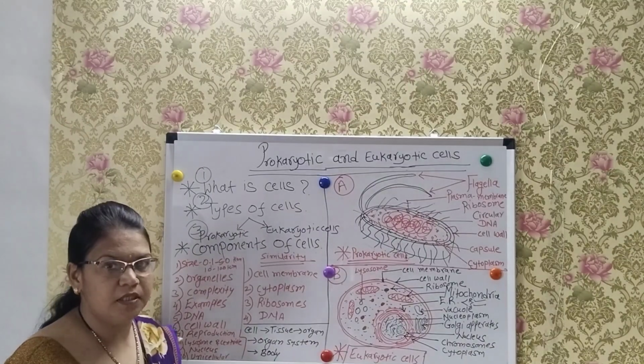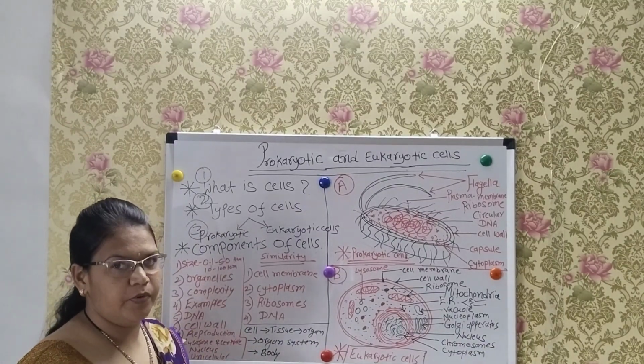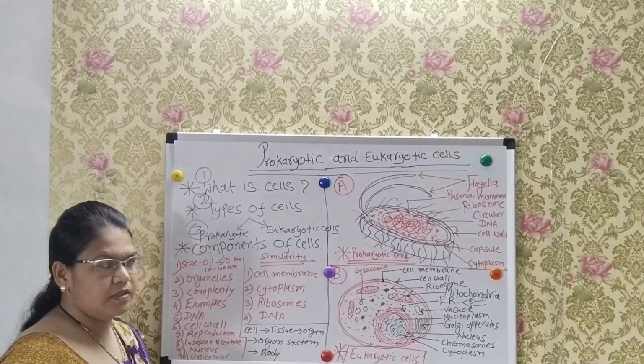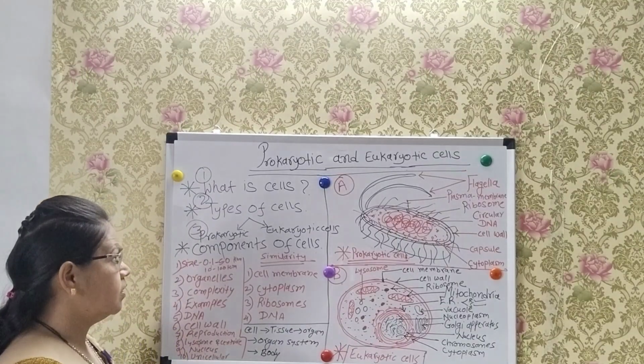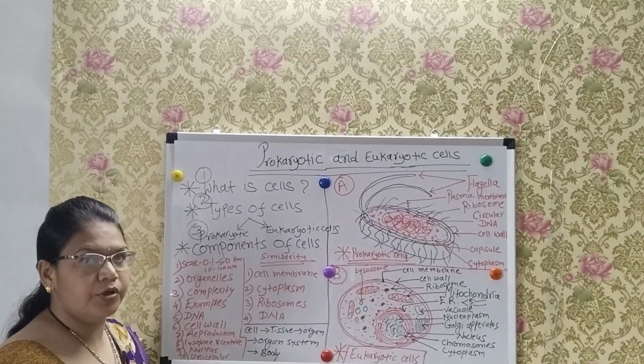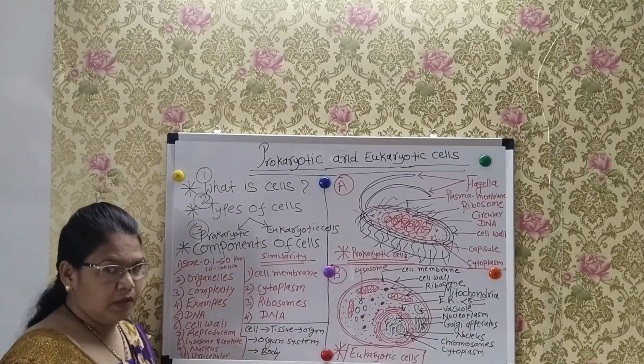Next, we see types of cells. Cells are of two types: prokaryotic cells and eukaryotic cells. First, we see the difference between prokaryotic cells and eukaryotic cells in the components of cells.